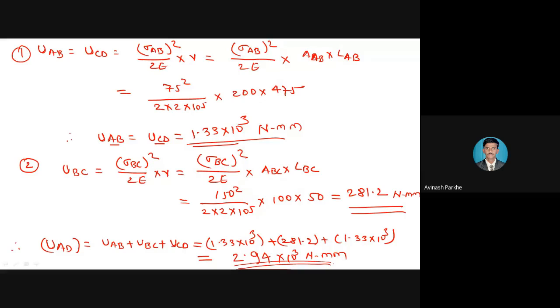Please understand this particular numerical here. Only one stress is given. Stress is maximum where area is minimum. Therefore, sigma of BC we have considered as 150 Newton per mm square. Then by using the formula, sigma is equal to P upon A, whatever the force is applied, that force will be common for all three sections. So your left hand side is equal, therefore right hand sides are also equal. Therefore, sigma AB into area of AB is equal to sigma BC into area of BC is equal to sigma CD into area of CD.